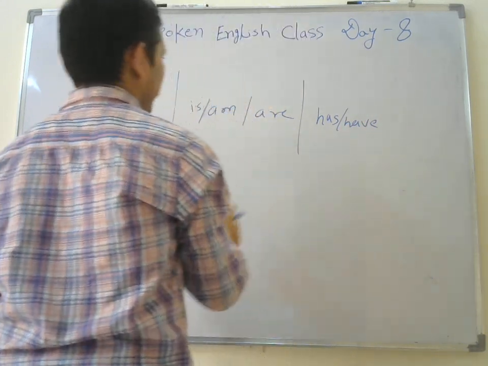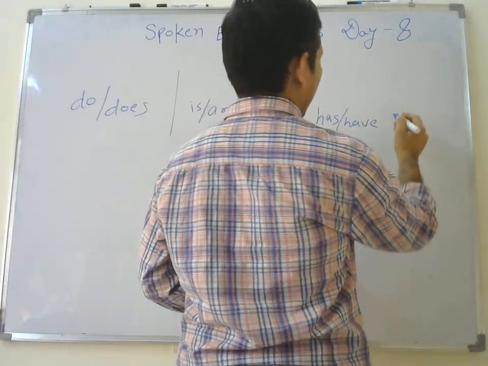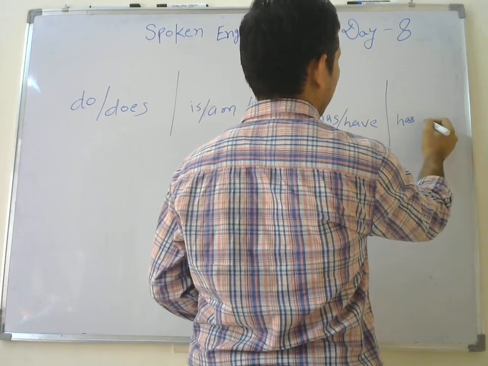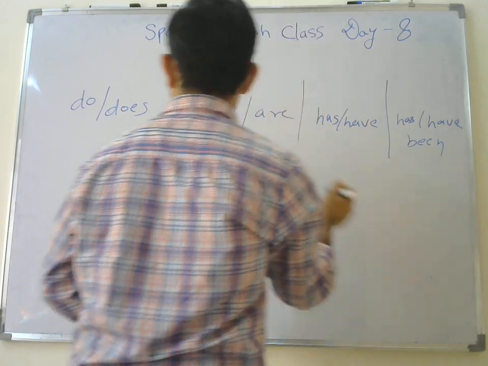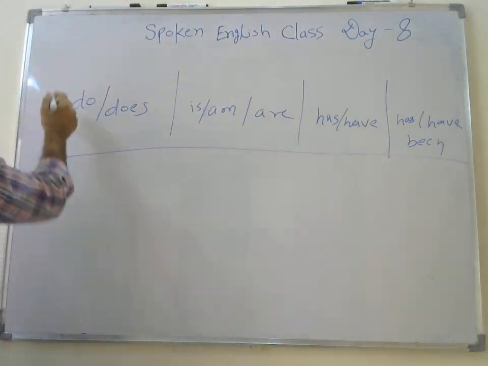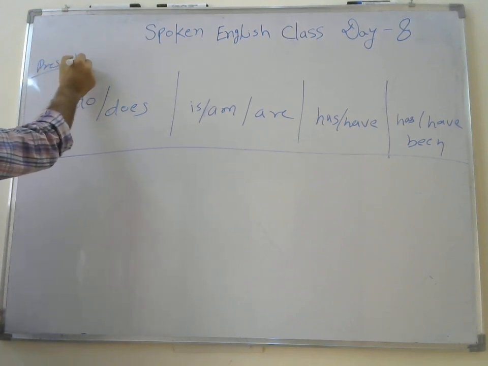These were the helping verbs we have used in the present tense, right? Has, have, and in the perfect continuous, has been and have been will be used, right? So these were the helping verbs you have used in your present tense.